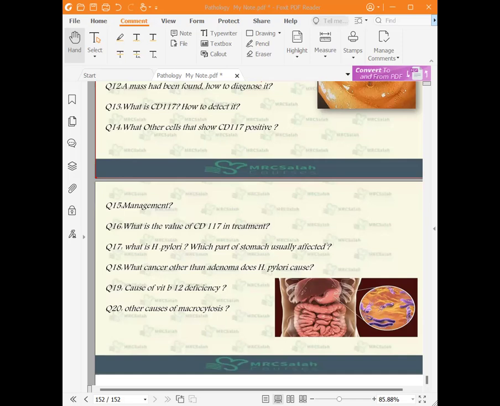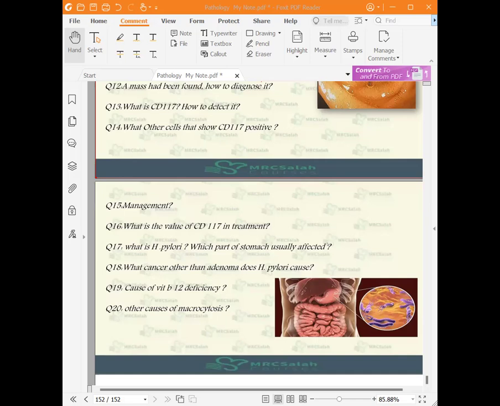Causes of vitamin B12 deficiency. We have inflammatory bowel disease that affects the terminal ileum, and deficiency of intrinsic factor, which is important for absorption of vitamin B12. We have gastric tumors or gastric surgeries, malnutrition, and patients on TPN.